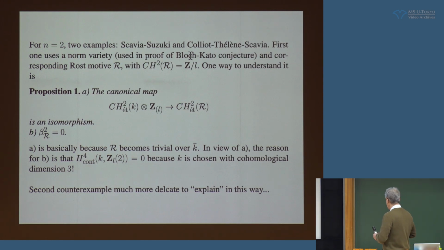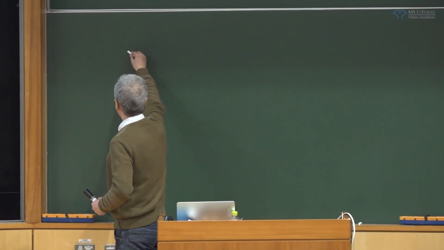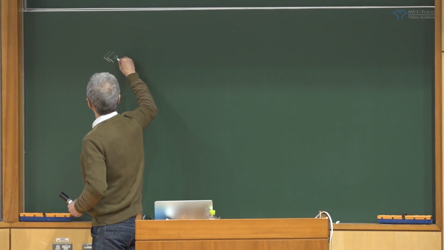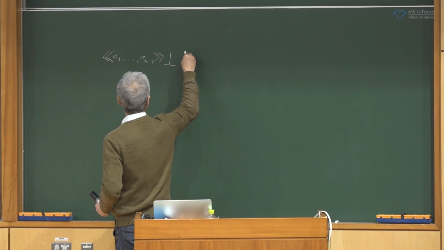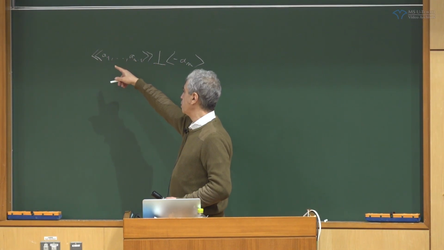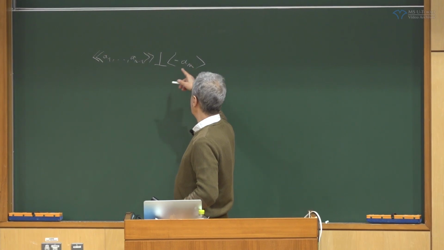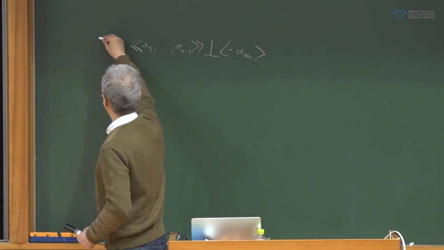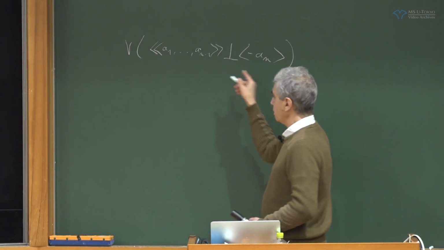So for p equals 2, a norm variety is of the form, if you know what is a Pfister form, this is a quadratic form of dimension 2 to the n minus 1, and then you add this, so it's 2 to the n minus 1 plus 1, and then you take the smooth projective hypersurface with this equation. This is a norm variety.